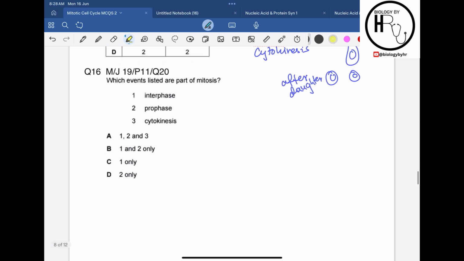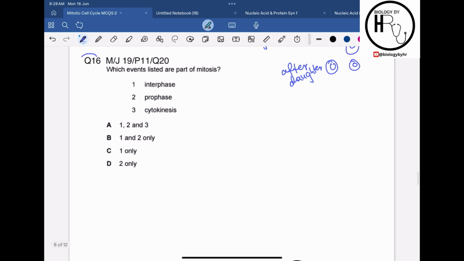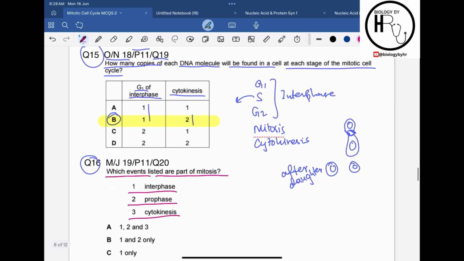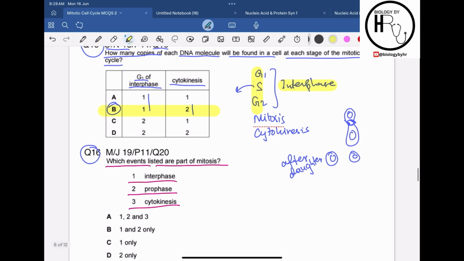Let's move on to question number 16. Question number 16 is saying: which events listed are part of the mitosis? Interphase, prophase, cytokinesis. So I already told you guys that from G1 to S phase to G2 phase we are having the interphase, right? So interphase is not a part of the mitosis.